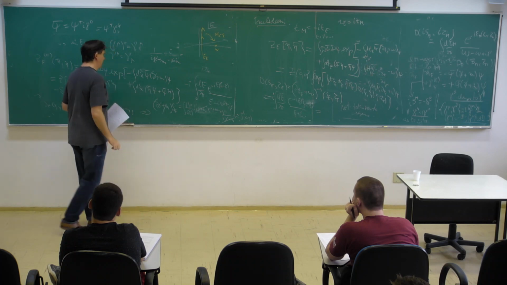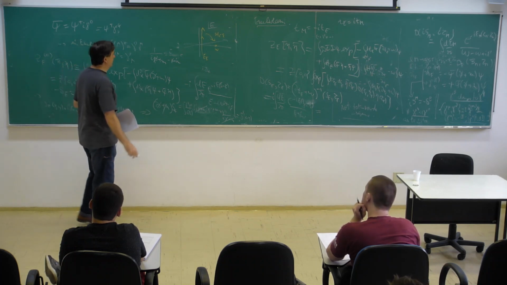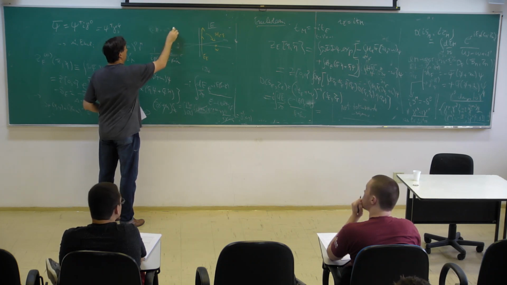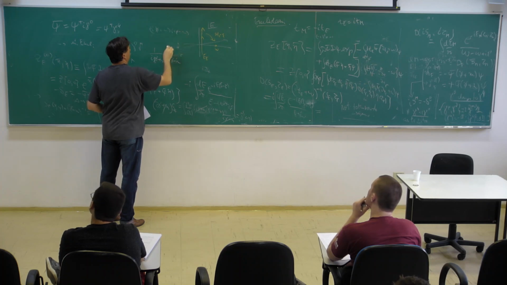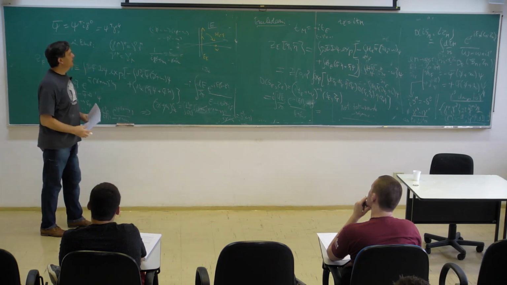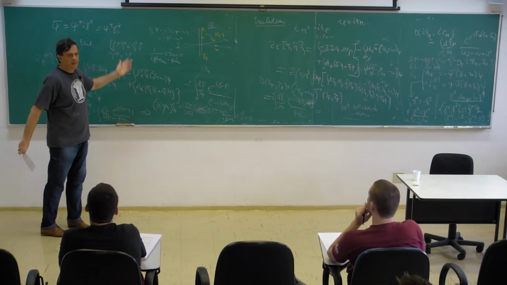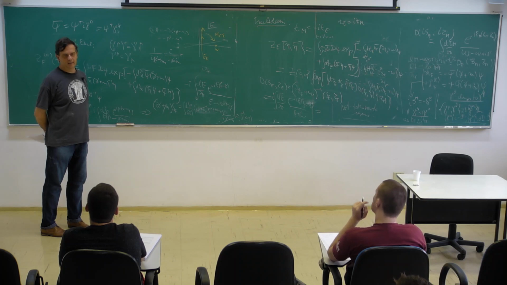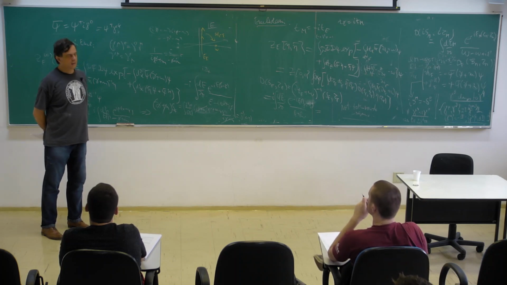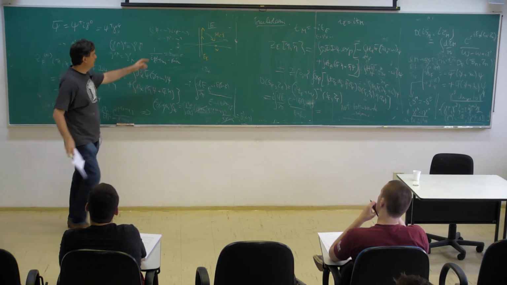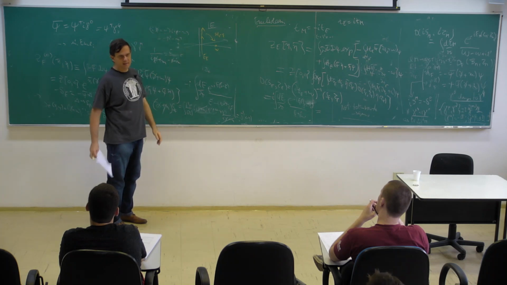But another form is to remember what we said, that (i p slash plus m)(i p slash minus m) is minus p squared minus m squared. Right? We did it in x space, but the same is true in momentum space, that the product of two Dirac operators with different masses is equal to the Klein-Gordon operator.